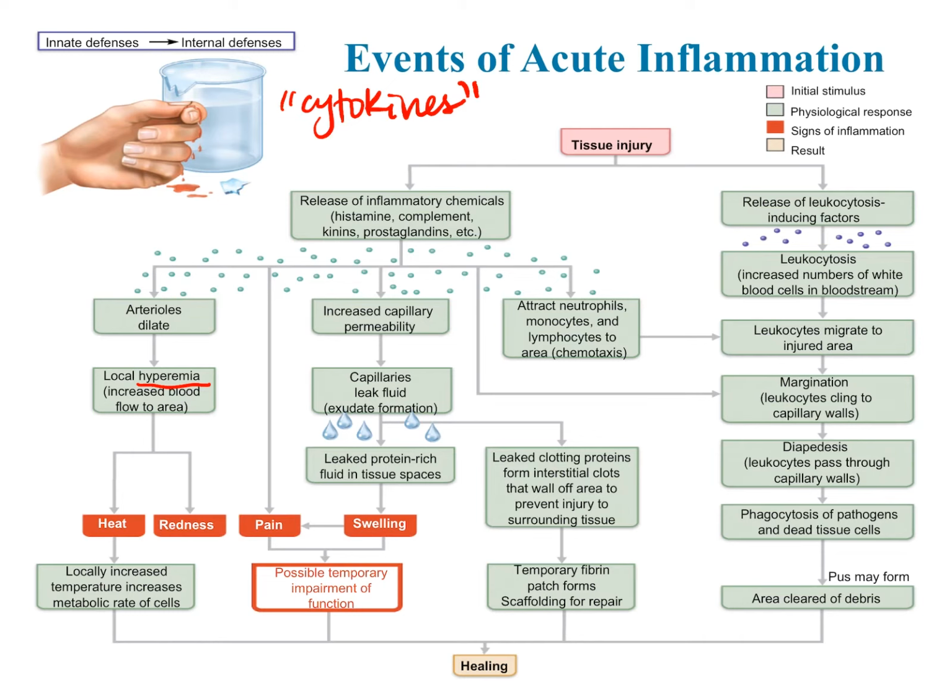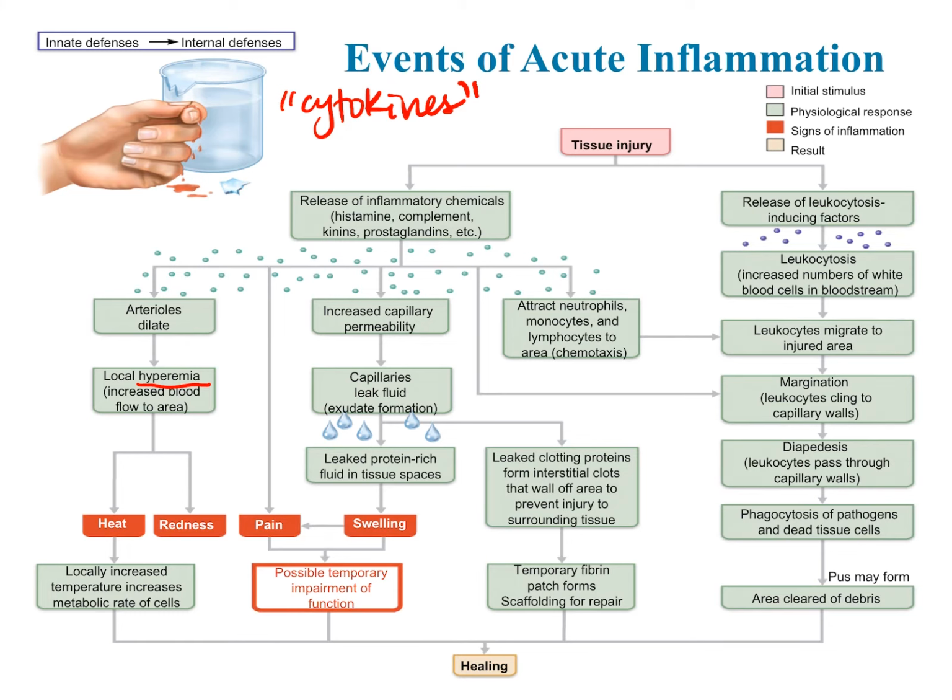Now, the pain that we feel that's associated with inflammation is generally going to come from either direct stimulation of those nociceptors from some of these chemicals that have been released, these cytokines, or in some cases a nerve may have been damaged directly when the tissue was damaged, or finally, in some cases, you're going to have this swelling that occurs, and this can actually put pressure on the nerves and can cause pain as well.